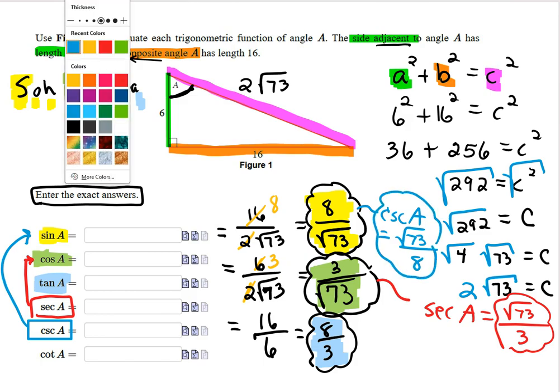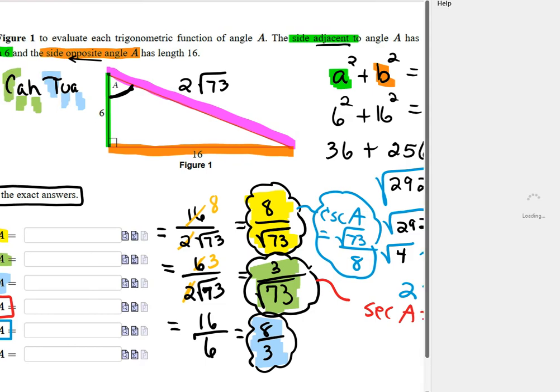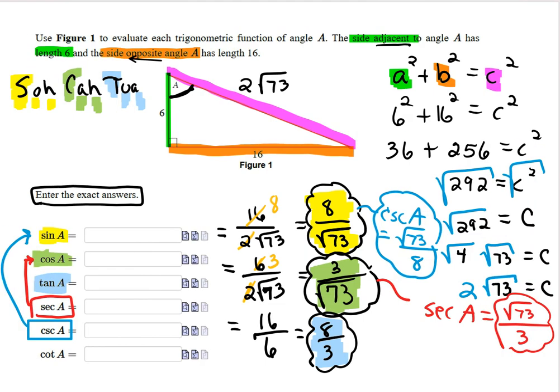And then the last one, cotangent. Cotangent obviously goes with tangent, which is the blue one. So the cotangent of A would be 3 over 8.